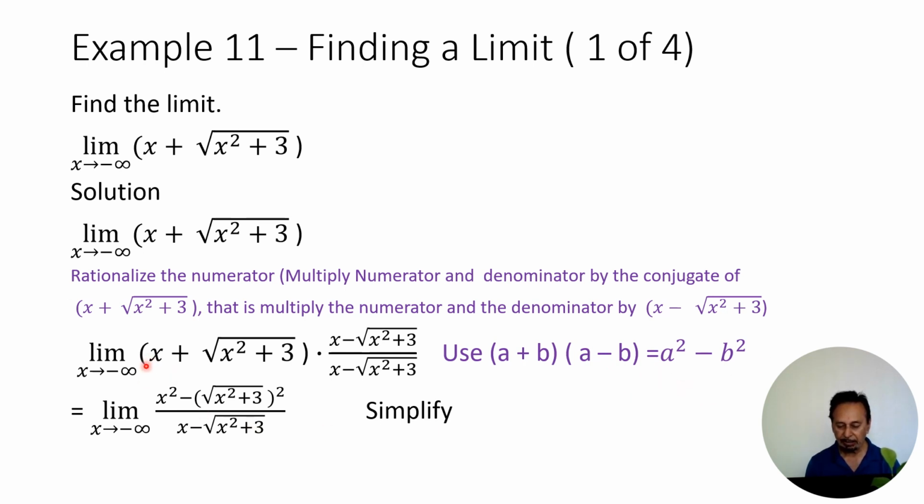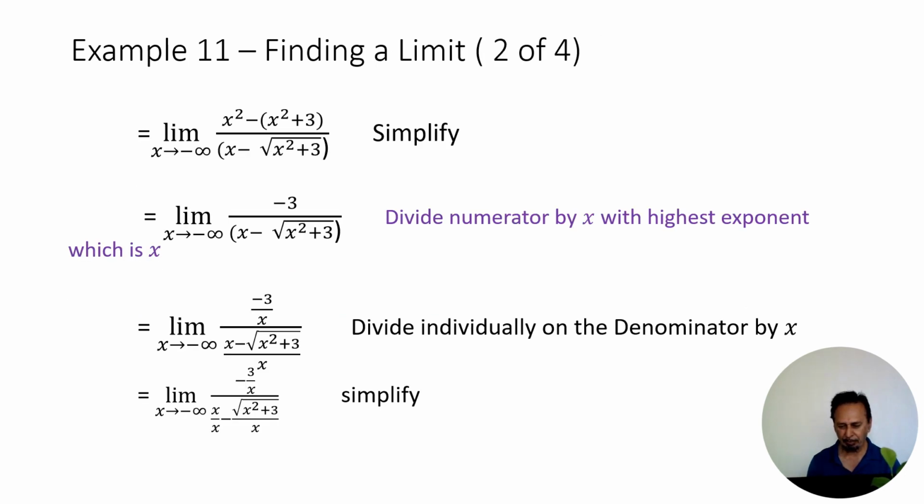So we have x squared minus the square root of x squared plus 3, squared, and on the bottom x minus the square root of x squared plus 3. Now we simplify: x squared minus x squared cancels, and we're left with negative 3 over x minus the square root of x squared plus 3.